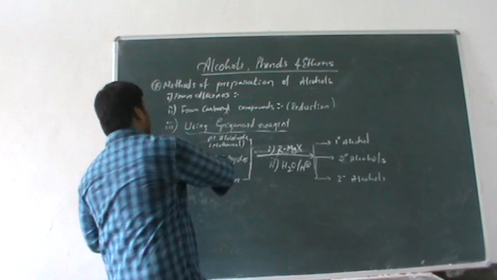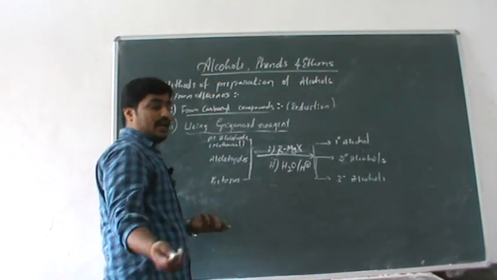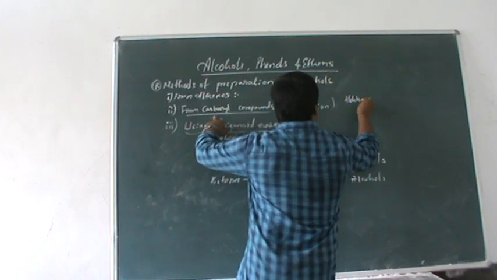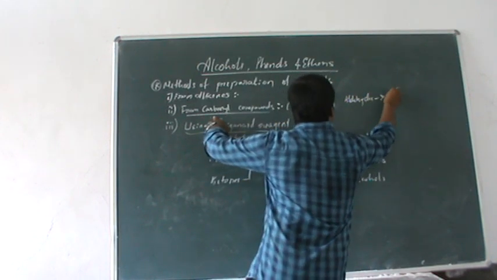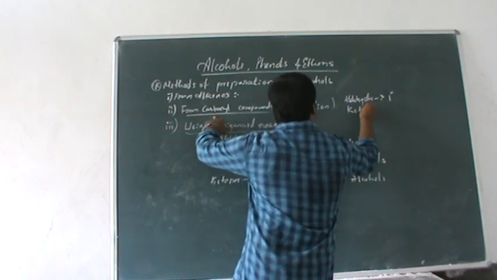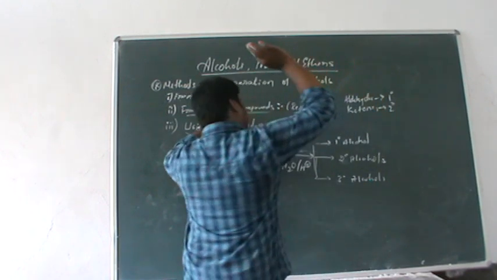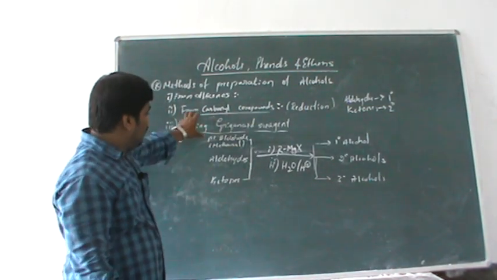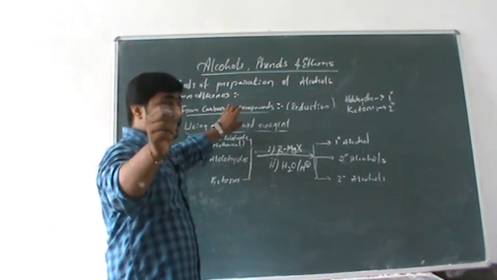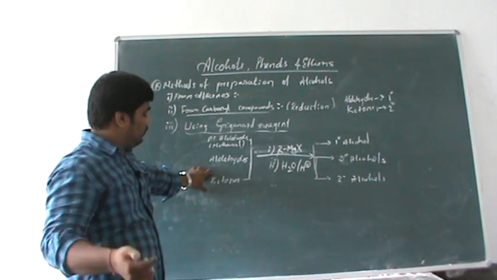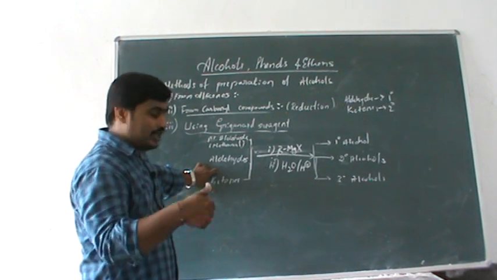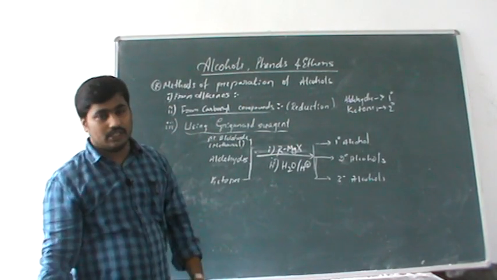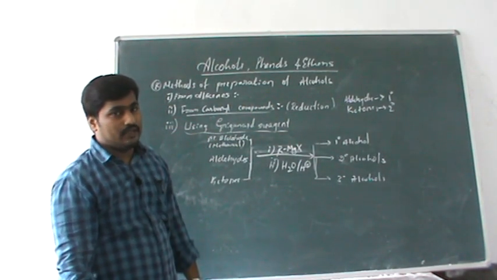But what happens in the reduction process? In the reduction process, all aldehydes give primary and all ketones give secondary. Okay, in the case of Grignard, the reagent contains alkyl groups, so the alkyl group is attached to the ketone, and that becomes tertiary, not secondary. This is a very important thing. Okay, so thank you.